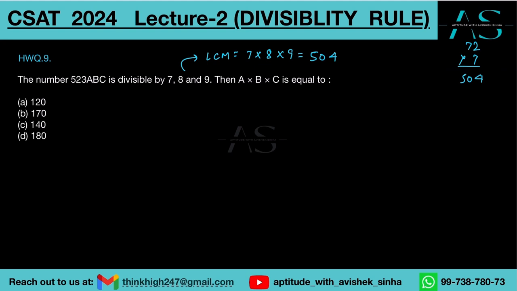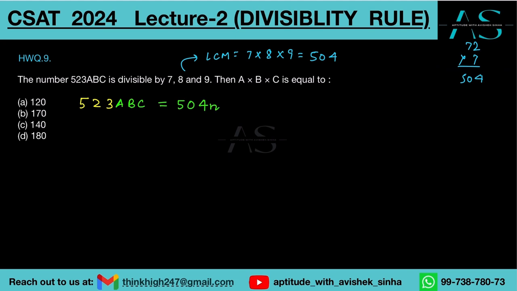Now, how can we proceed further? 5, 2, 3 will never change, but in place of A, B and C, we can take them as 999, or we can write it as this is a multiple of 504n.